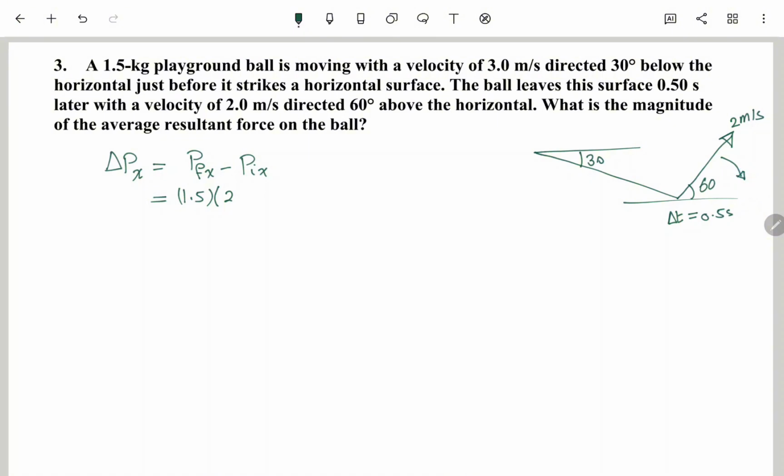2 cosine 60, minus 1.5 times the initial one, which is 3 cosine 330.